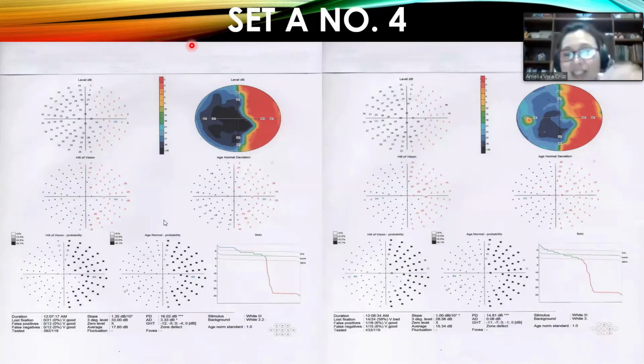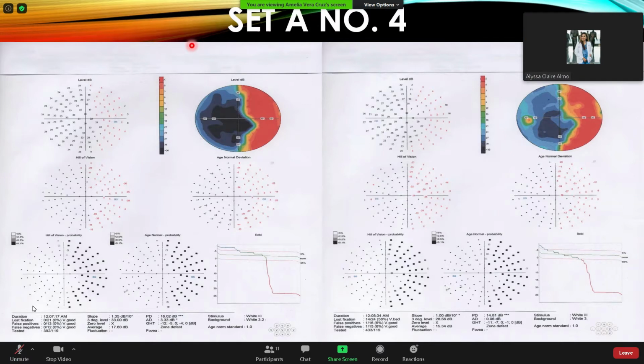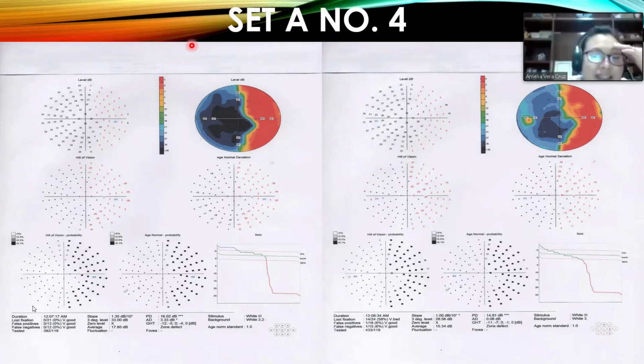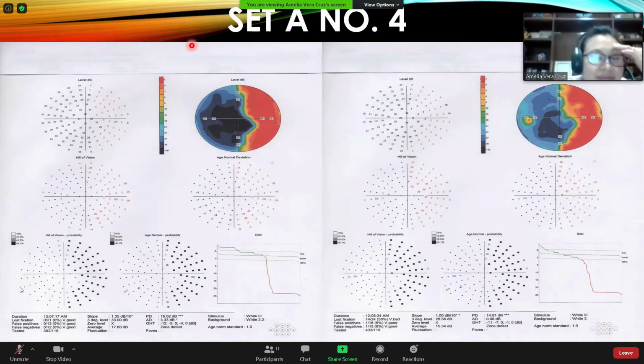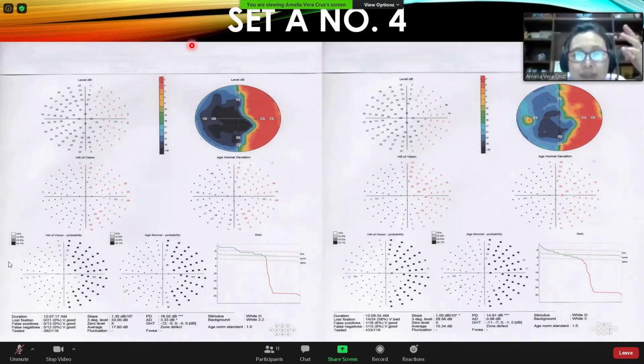So what is this generally? This is a left homonymous hemianopsia. Left optic tract, Doc, right optic tract. No. Optic tract won't give you a discongruous lesion.